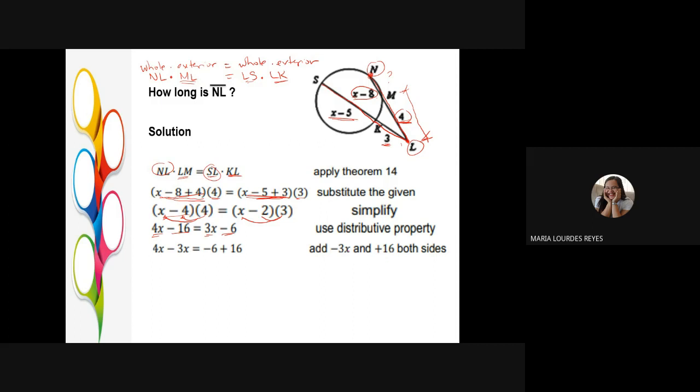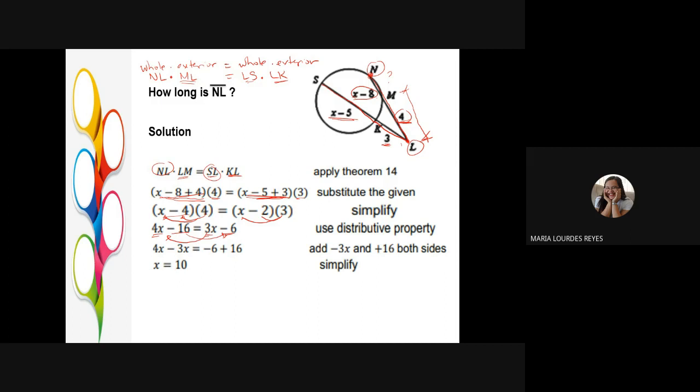Or, you can just transpose to be faster. So, you just move the positive 3x to the other side, it becomes negative 3x. Negative 16, moved to the other side, becomes positive 16. So, we simplify. 4x minus 3x is x. Negative 6 plus 16, different signs, subtract, copy the sign of the bigger number. The answer is 10. So, x is equal to 10.